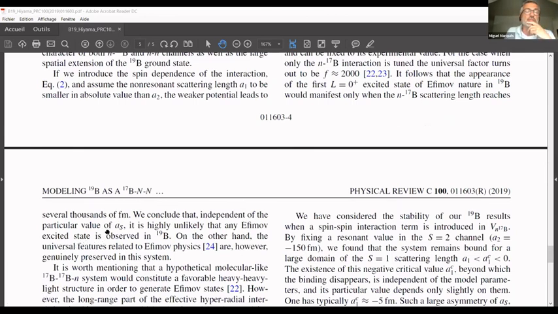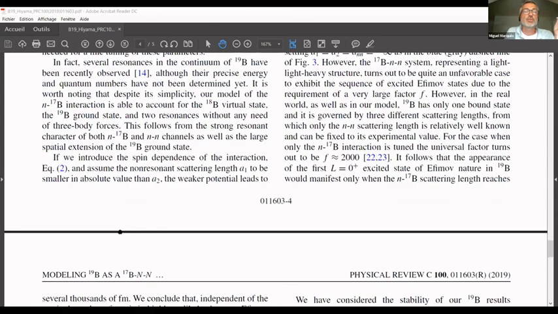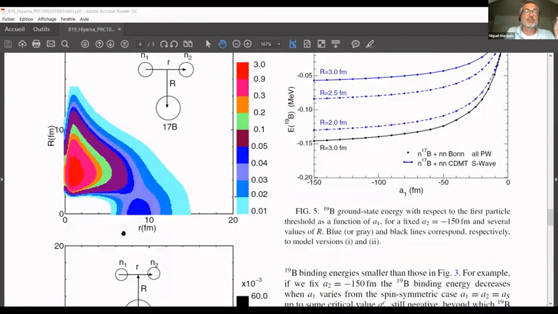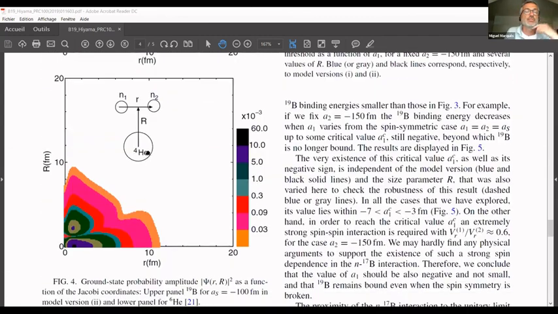But the conclusion here was that even in a system like this with three particles, this is the wave function of helium-6 that Hiyama-san calculated with a similar model, where you see the distance between the neutrons and the distance between the two-neutron system and the fragment, helium-4.